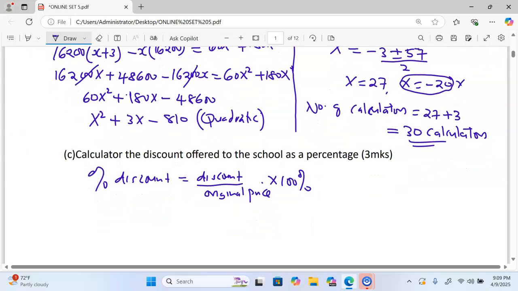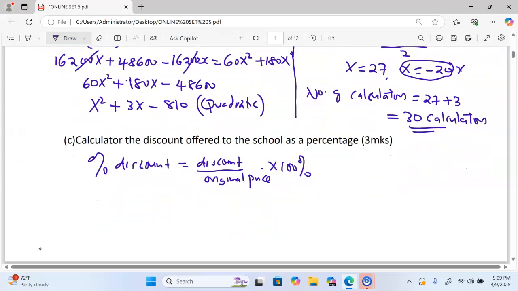In this case, we know the discount is 60 shillings. Let us get the original price. Original price is going to be 16,200, you divide by the number of calculators that were to be bought originally, which is 27.